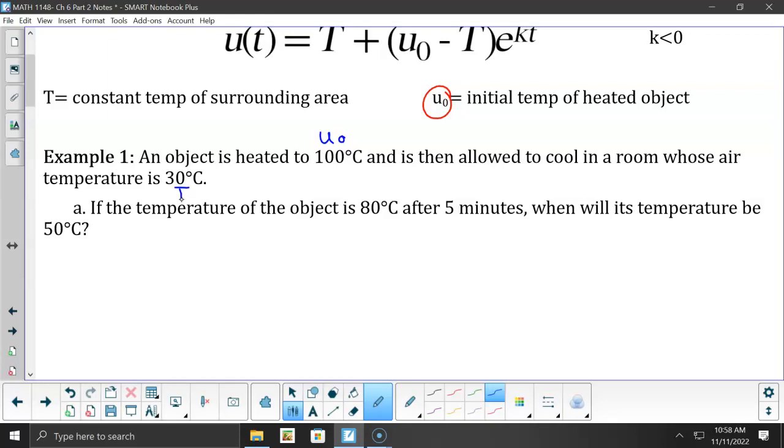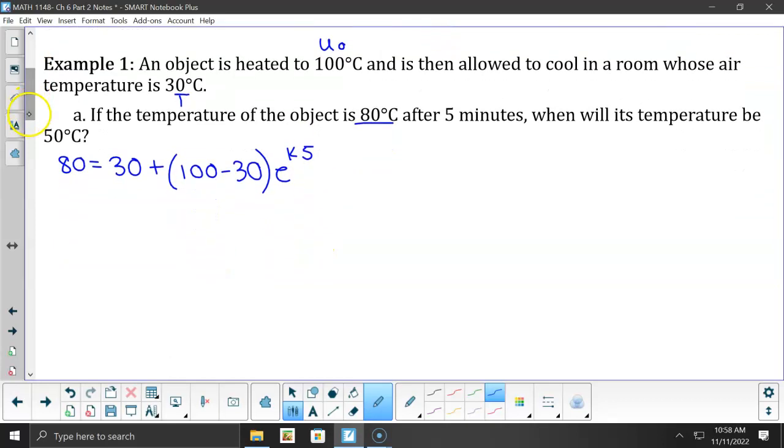Now I know that the object hits 80 degrees Celsius after 5 minutes. So 80 equals, this is where you plug everything into the formula, e to the k, but it takes 5 minutes. All right, now I need to go through and solve for k.